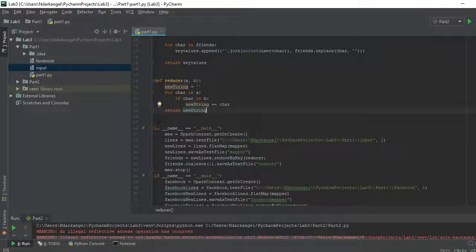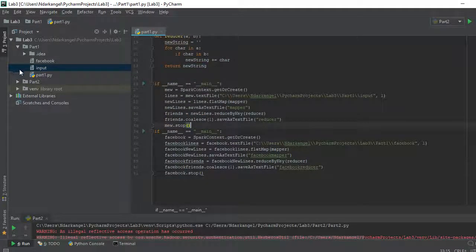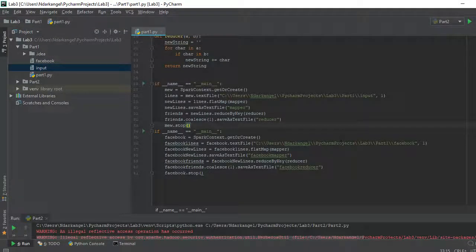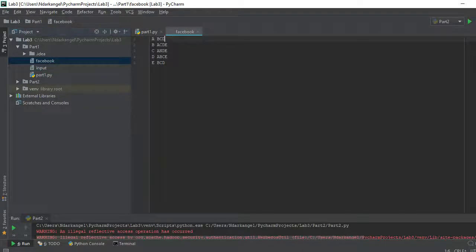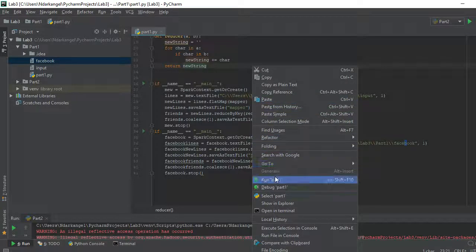Then we created two files we can implement here. The first one uses the input they give us, and the second one is the one we created, like A B C. Let's run this program.